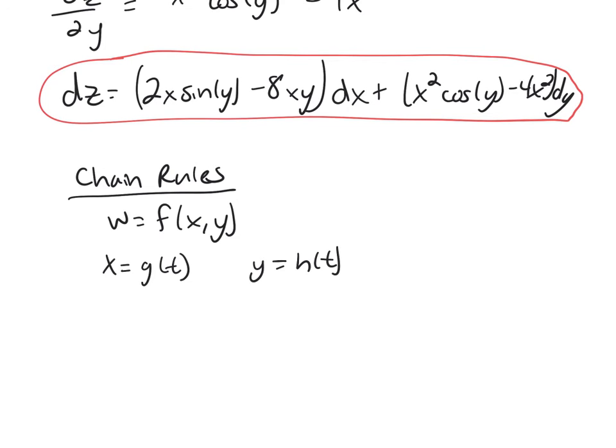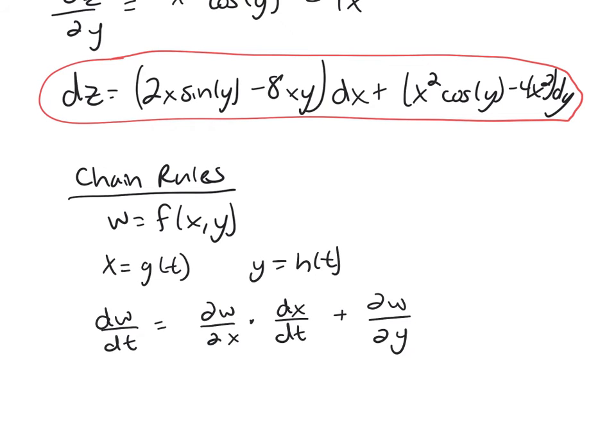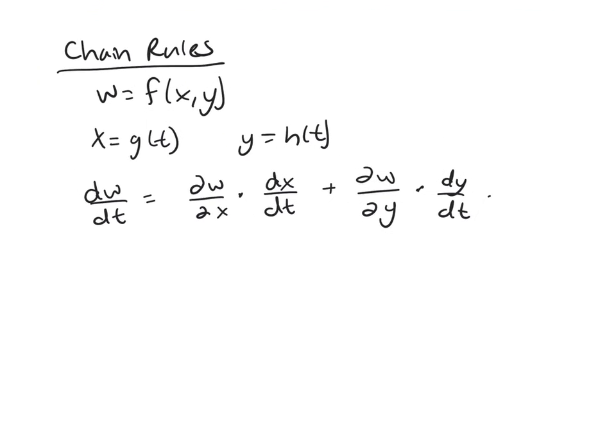Well, then w is really a function of t, so then dw dt would be the partial of w with respect to x times dx dt plus the partial of w with respect to y times dy dt.